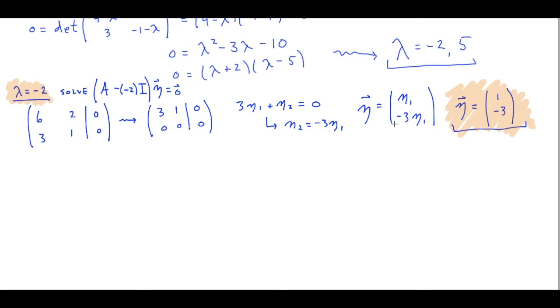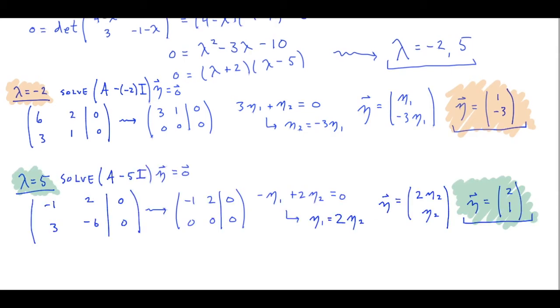And I have to be sure to keep those two ingredients tied together. This eigenvector is associated explicitly with lambda equals negative 2, that particular eigenvalue. My other eigenvalue is lambda equals 5, so I'll follow this same procedure, work through, find the corresponding eigenvector.